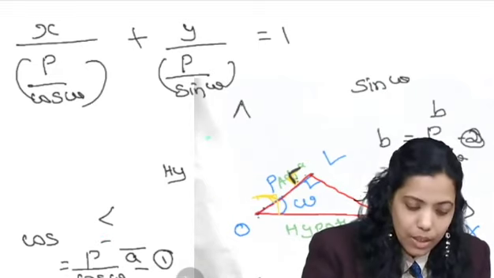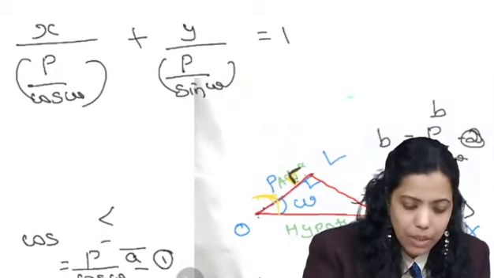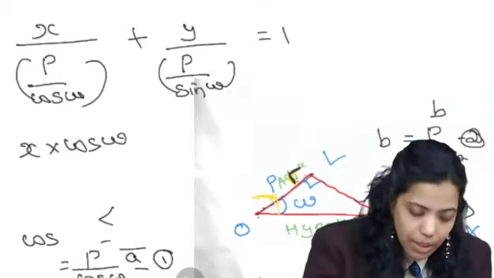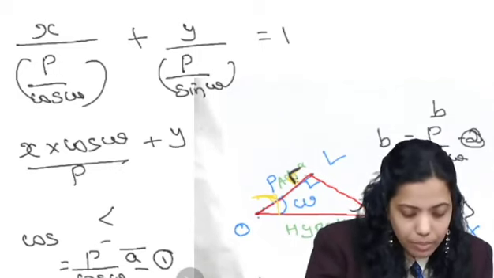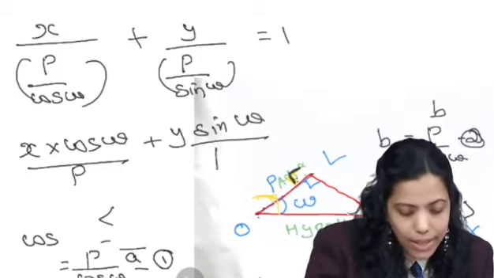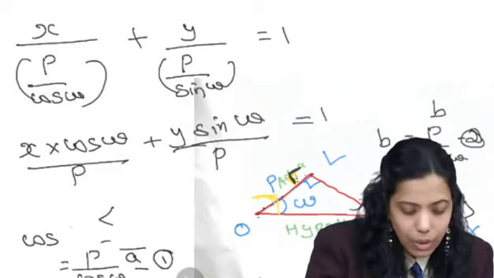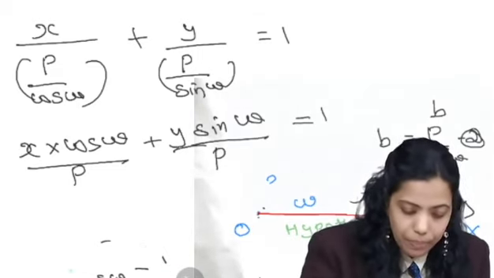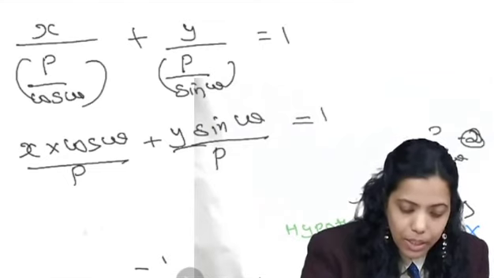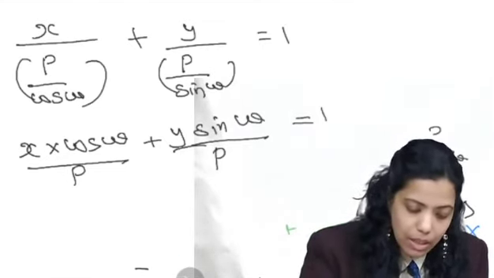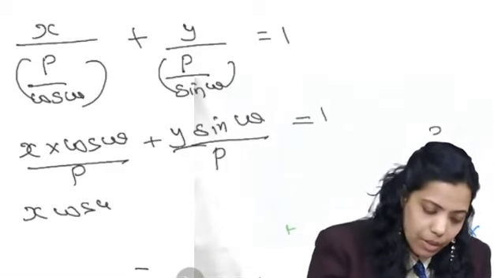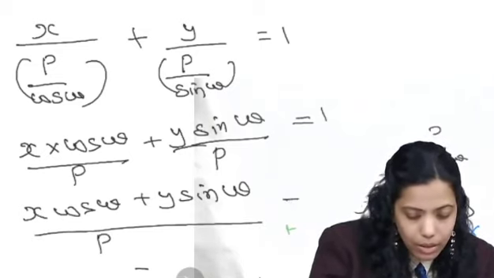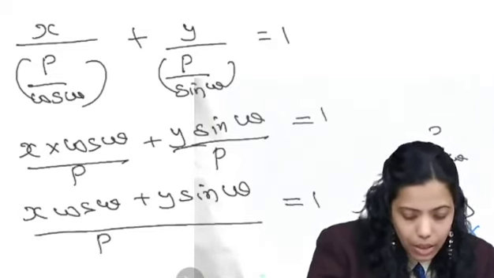Division means we can multiply by the reciprocal. So it becomes x times cos omega by p plus y times sine omega by p equals 1. Since the denominators are the same, we write it with the common denominator p: x cos omega plus y sine omega, the whole upon p, equal to 1.